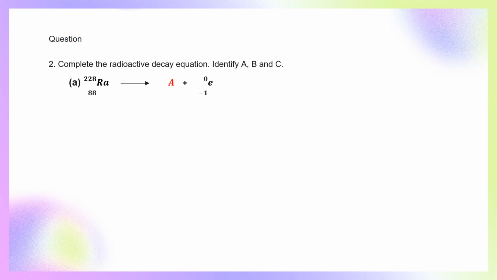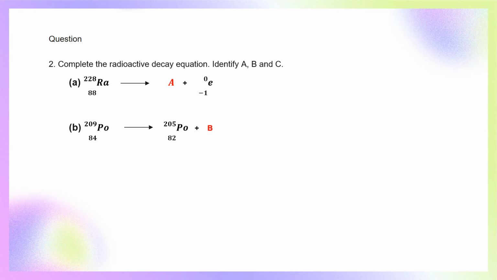Next, question number 2. Complete the radioactive decay equation and identify A, B, and C. Let's look at the question. For A, Ra-228-88 will undergo the decay process and will produce A plus a beta particle.